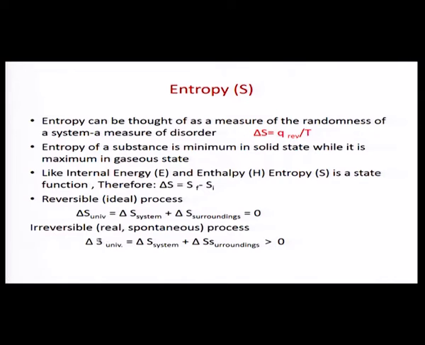Whereas in the case of a real or spontaneous process, the change in the entropy of the universe, which is the change in the entropy of the system plus the change in the entropy of the surroundings, is always greater than 0. This is true for an irreversible process. So the entropy change in the universe is composed of the system and the surroundings. Therefore, change in entropy of the universe is equivalent to change in the entropy of the system plus the surroundings.